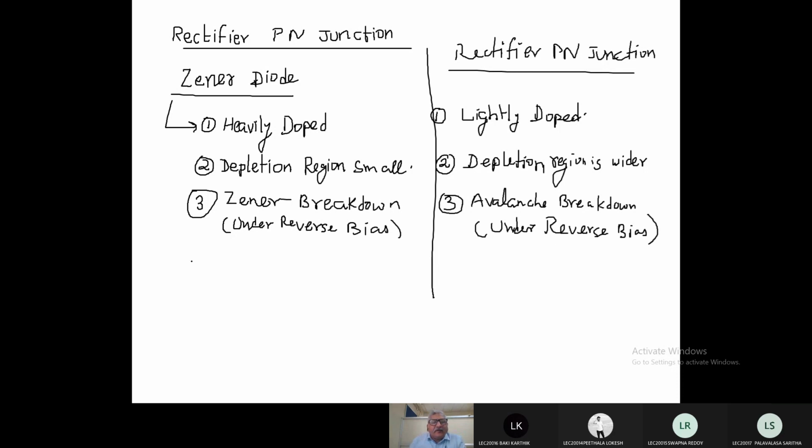See, this Zener breakdown which happens in the Zener diode under reverse bias condition does not destroy the diode permanently.